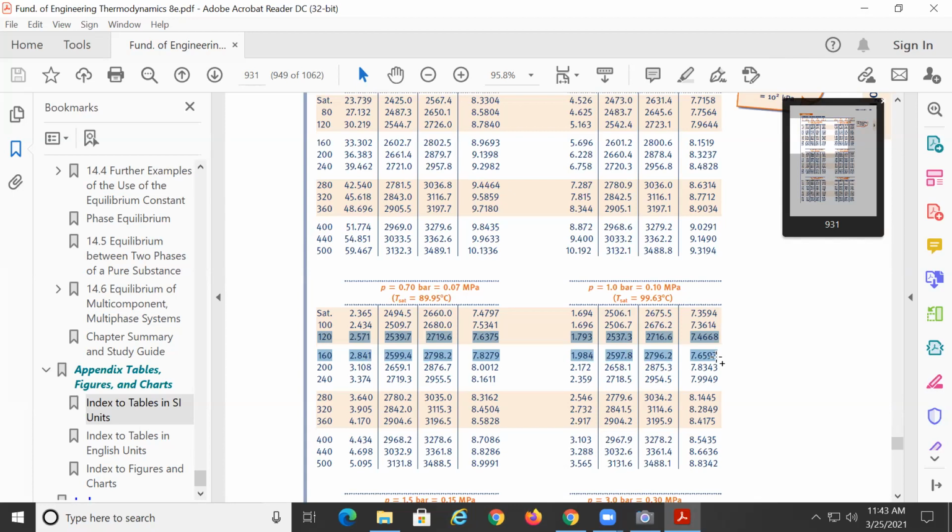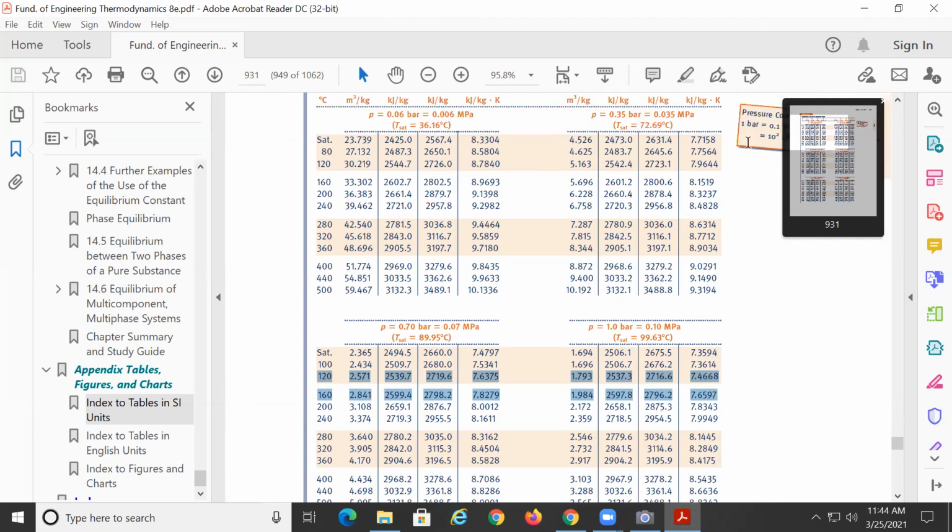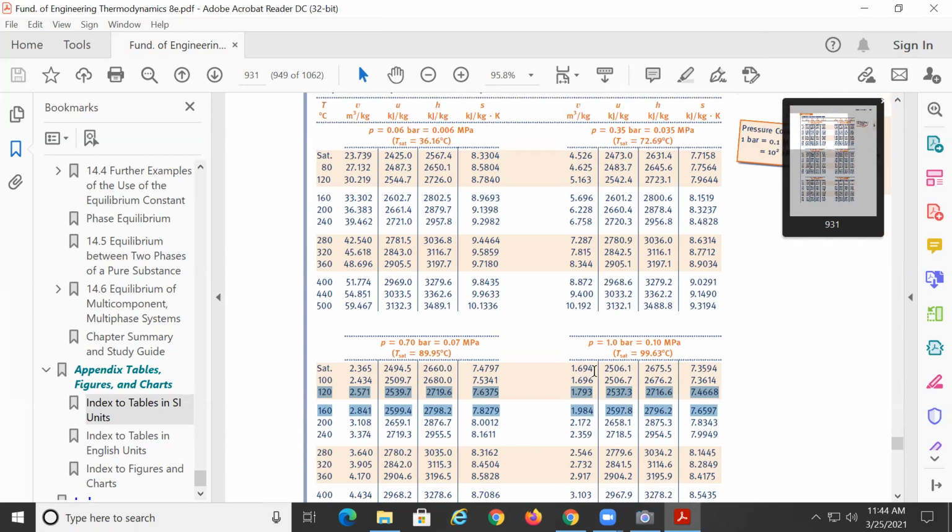And at that point, I know that H sub A will be equal to 2,716.6. So it's this column over here. H is this column over here.